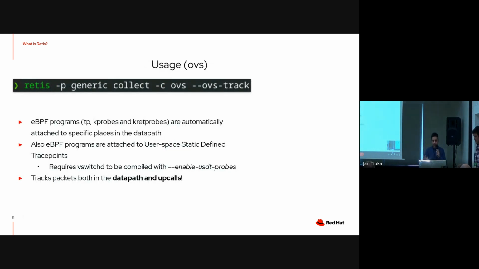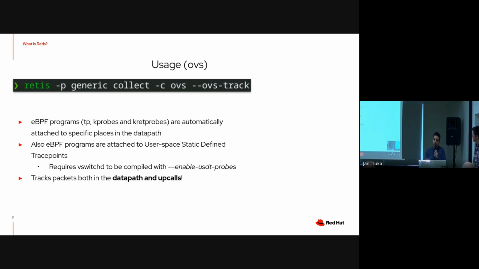Narrowing down to OVS, these are the main options to enable OVS tracing. The OVS collector essentially loads eBPF programs to specific places of the kernel data path. The OVS track option instead tells Retis to load eBPF programs to the USDTs defined in the user space part.